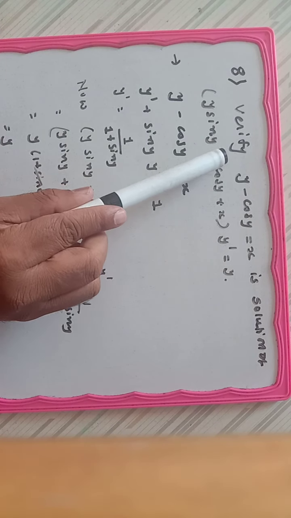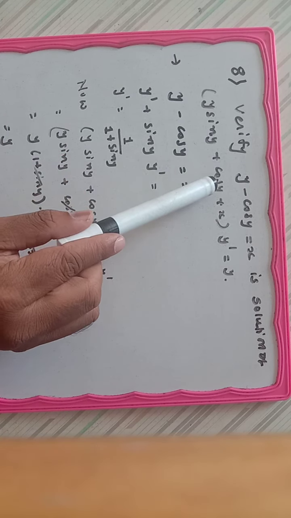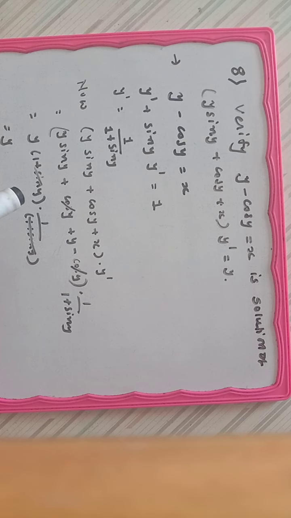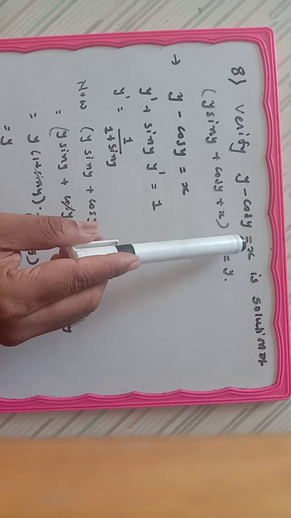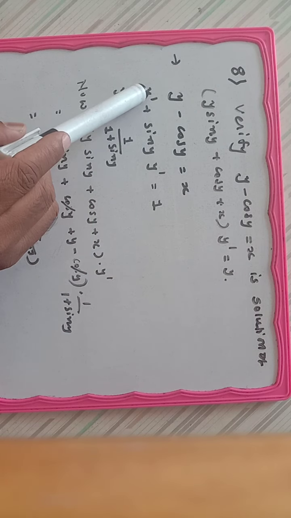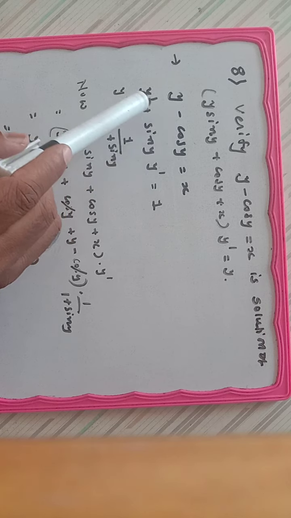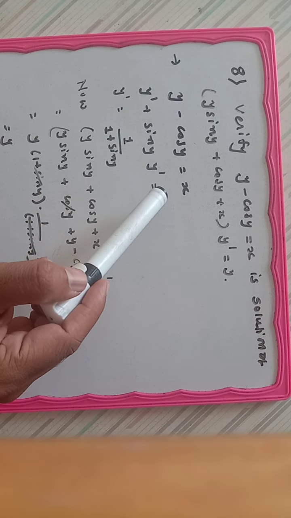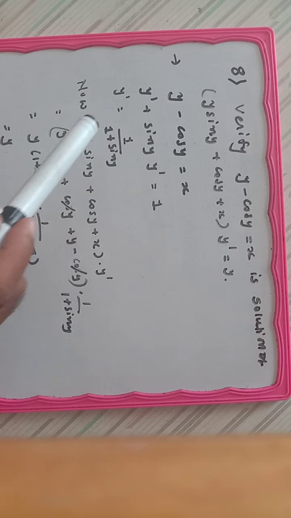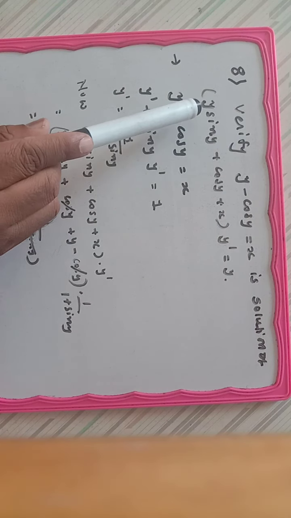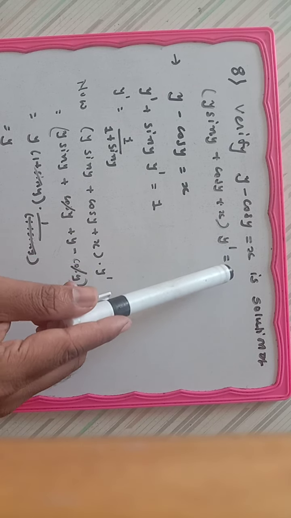Question 8: we have to verify that y minus cos y equals x is a solution of y sin y plus cos y plus x times y' equals y. So we have y minus cos y equals x, we differentiate with respect to x, then y'. Cos y derivative is minus sin y, and so plus sin y times y' equals 1. So y' we take out common, then y' equals 1 upon 1 plus sin y. Now we have given y sin y plus cos y plus x times y'.